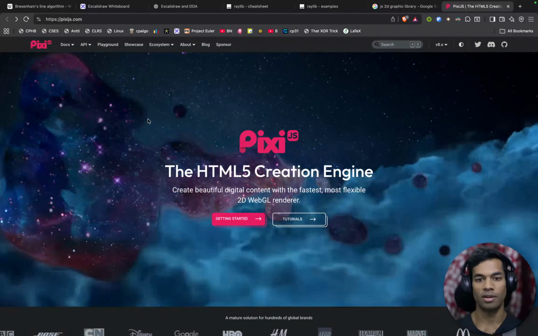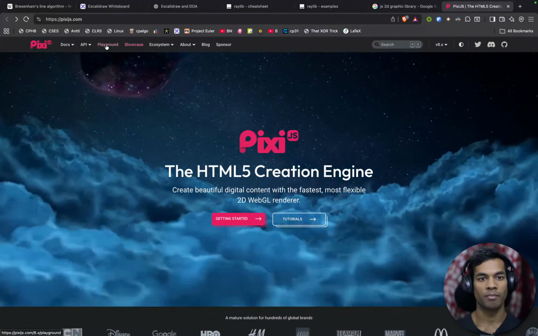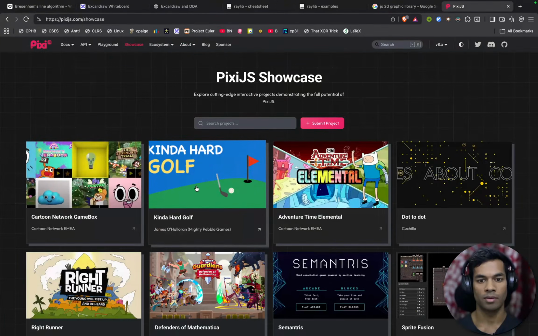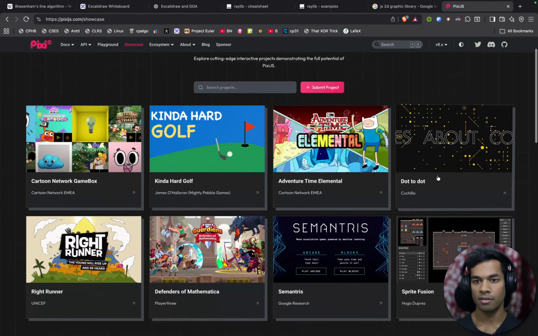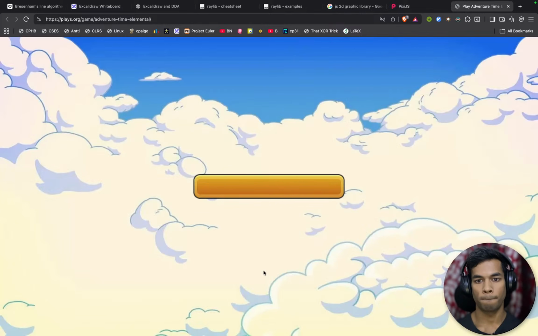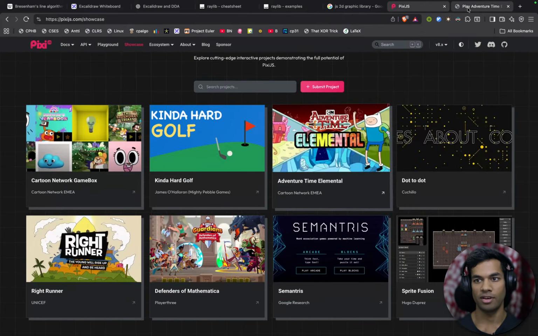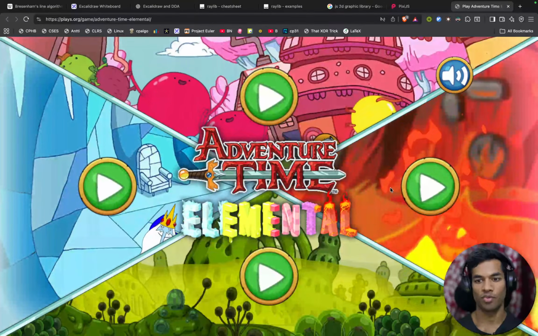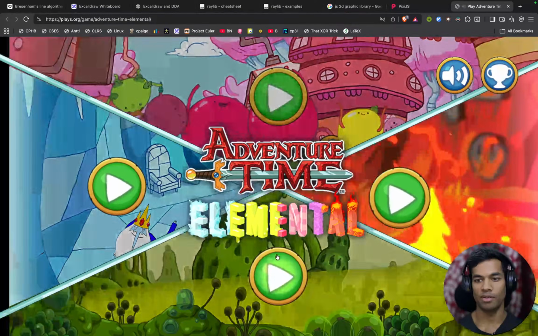That is cool. Showcase. All of these. Adventure Time. Okay, this is in Pixi.js. You can use Pixi.js for this.